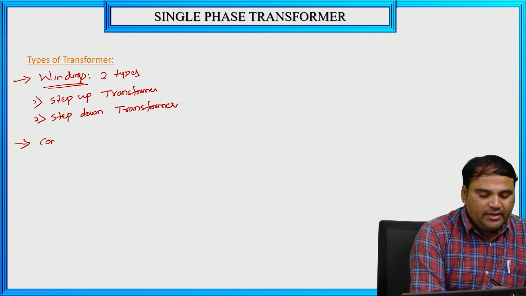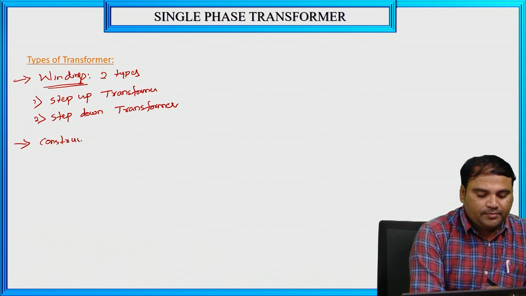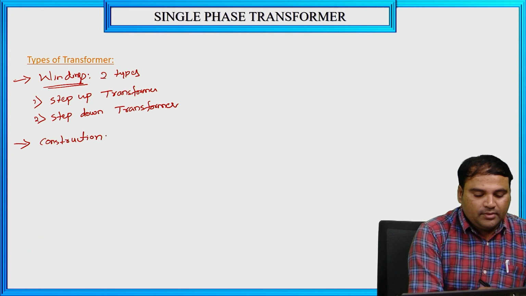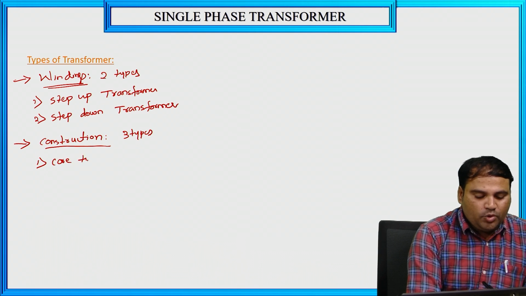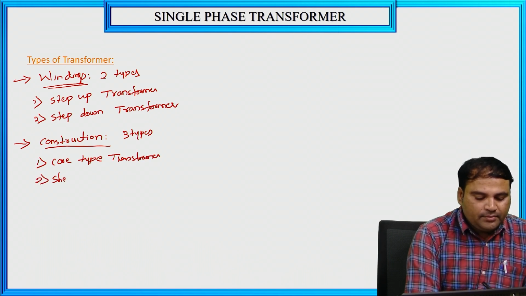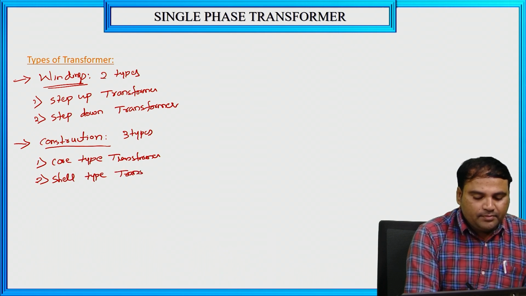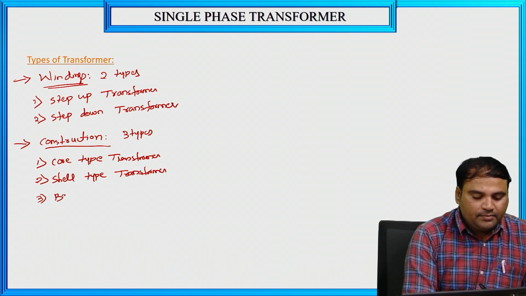So in that, the first one is core type transformer, and the second one is shell type transformer, and the third one is berry type transformer.